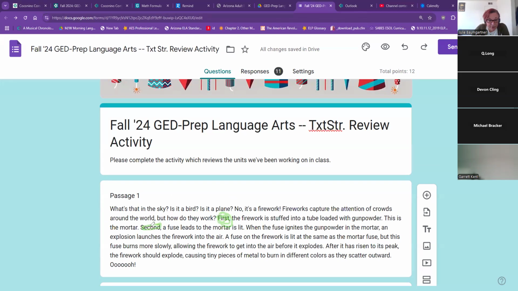Second, okay. I don't see a third, but then I see after, which gives us our third step there. When is also a time word that allows us to talk about multiple events and sequence them together. Okay. So those were the 4 transition signals that I saw in passage 1.